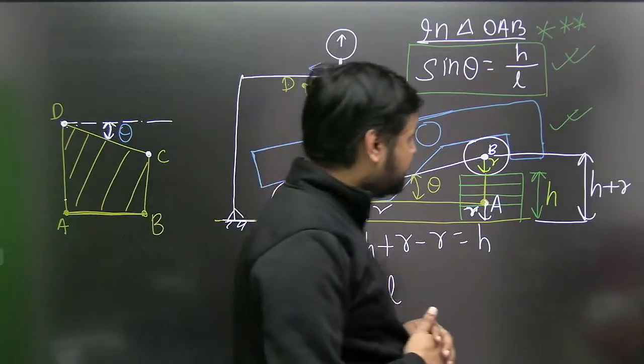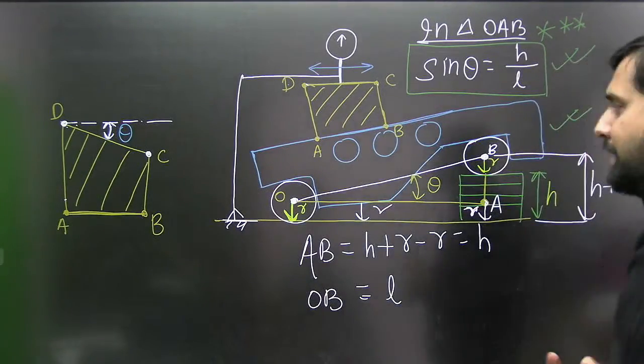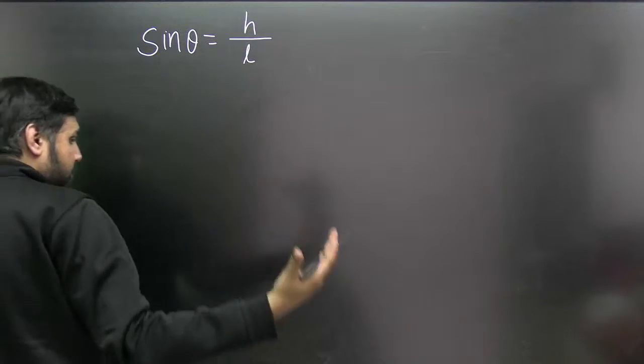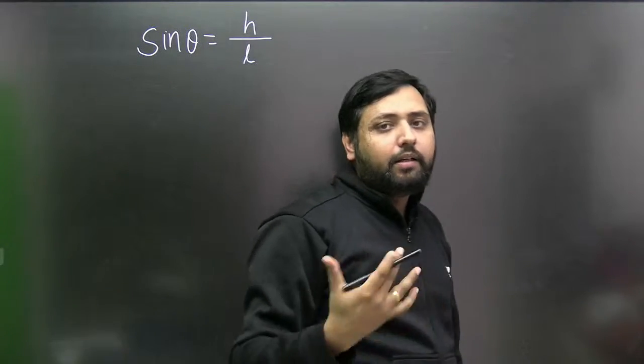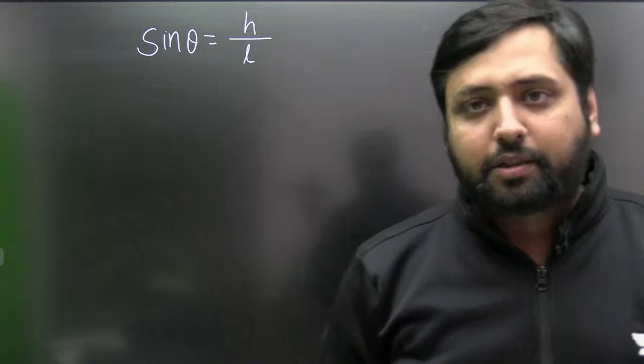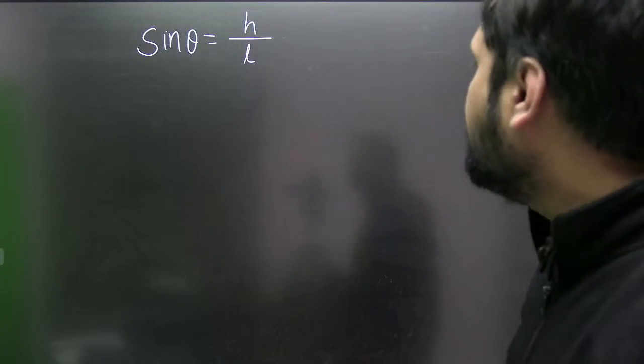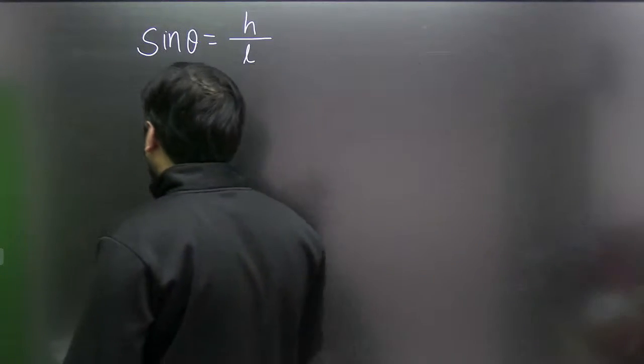So, dear students, if sine theta is equal to h upon L, let me write it over here once again. If sine theta is equal to h upon L, what I am going to do is find the error in the angular measurement. So, how are we going to find this? We are going to differentiate it.